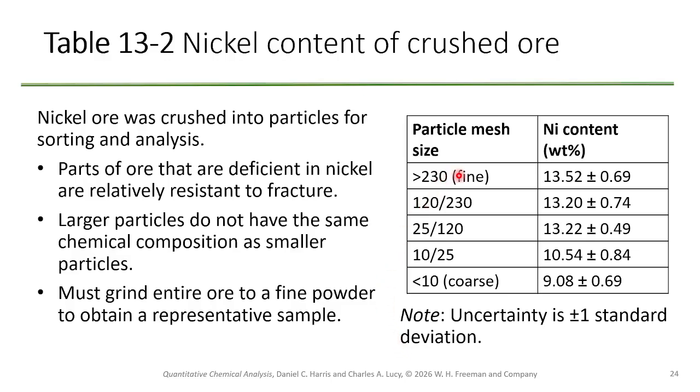If we start looking at what size of particles we have, remember mesh is an opposite number: higher mesh, smaller particles. This would be a fine particle mesh, a very, very fine powder. This one right here is less fine, of course, and this up here would be coarse, quite a coarse powder. Everybody knows what fine versus coarse means when we're talking about powders?